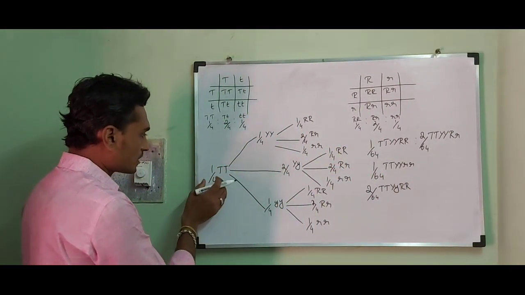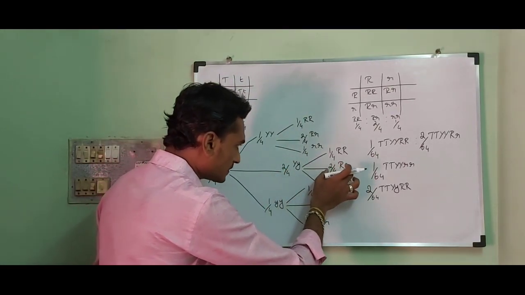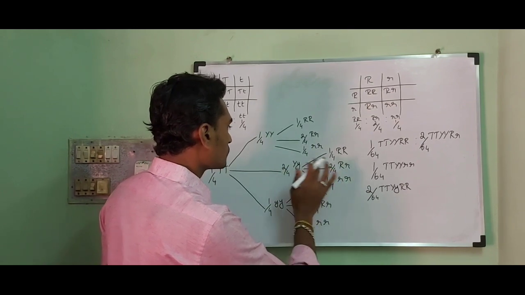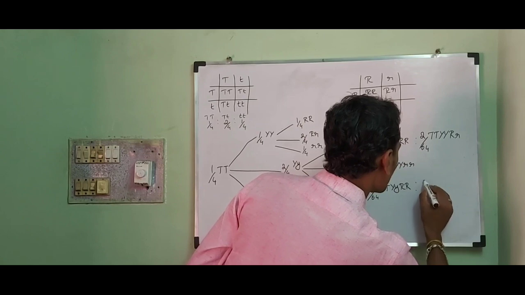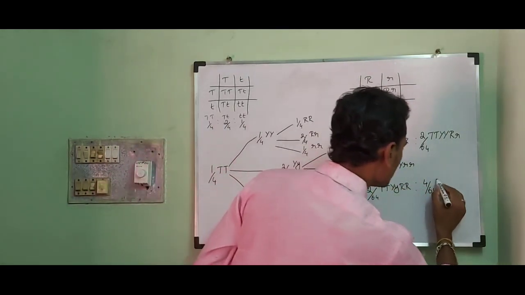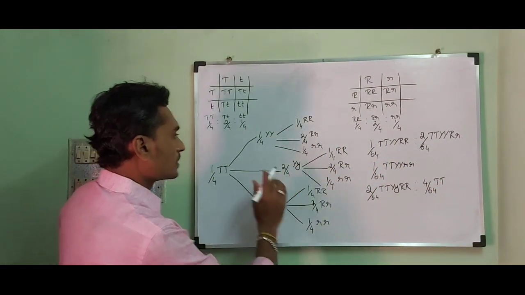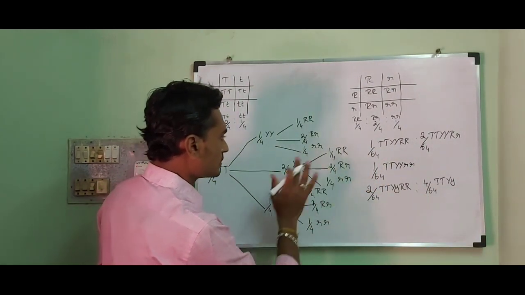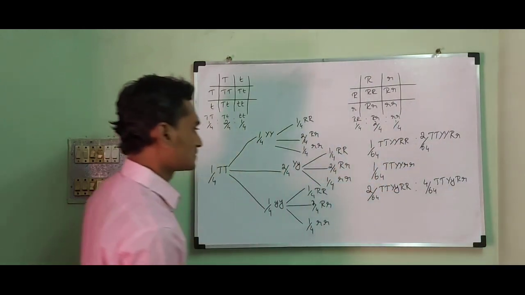Then I am going to multiply this value with this value and this value. So here we have 2 by 4, here 1 by 4. So total 4 by 64. So capital T capital Y small y, capital R small r.